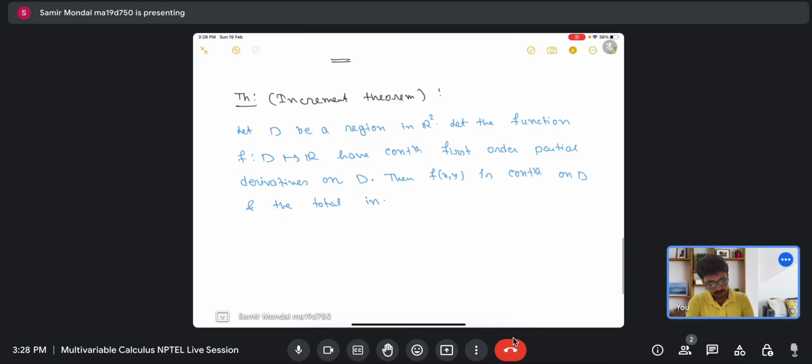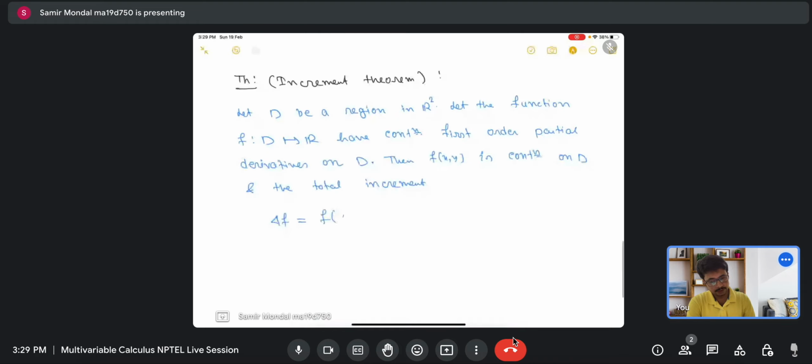What is our total increment? Del f is the difference between these two terms, called the total increment at the point (a, b).